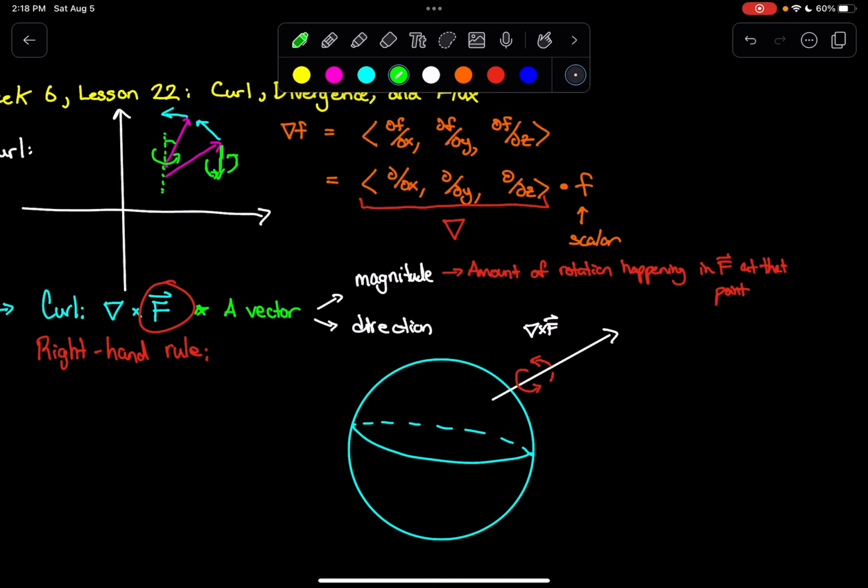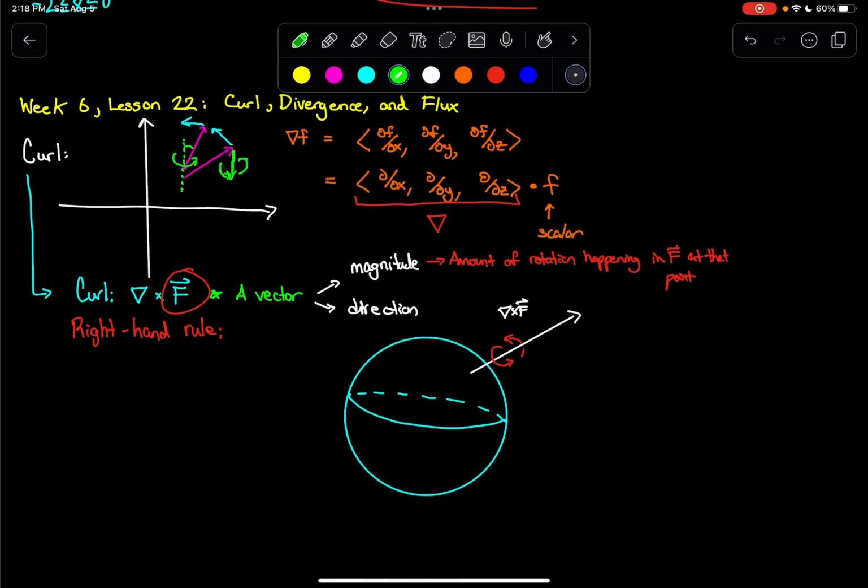Okay, so that is what the curl vector is. It's what it represents. It gives us a way to manifest the amount of rotation that is happening in a vector field at any given point, and it manifests itself as a vector.